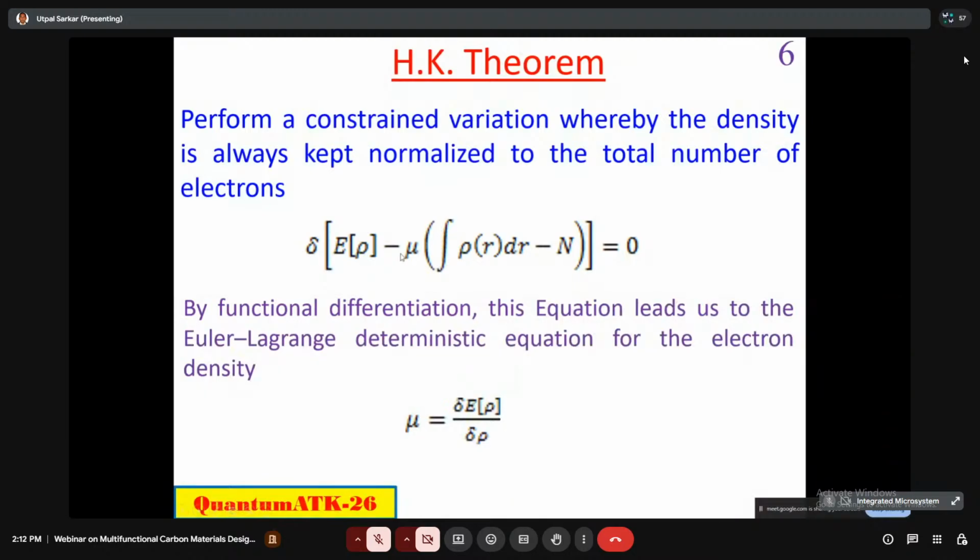If you just take a variation of it, this variation will tell you how to calculate the Lagrange multiplier of this equation. So the Lagrange multiplier is basically, from this expression, del E of rho by del rho.